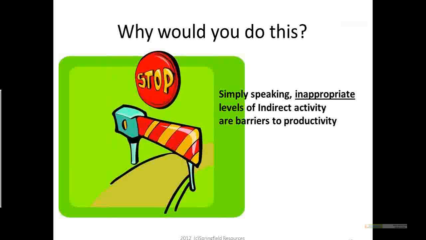In other words, filling out a work order is something you want people to do. So a certain amount of time allocated for your work orders is completely appropriate. But if you find that people are spending an hour a day doing their paperwork, that would be an inappropriate level of indirect activity and needs to be studied closer to see why it's taking so long.